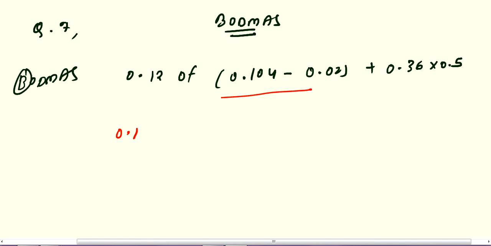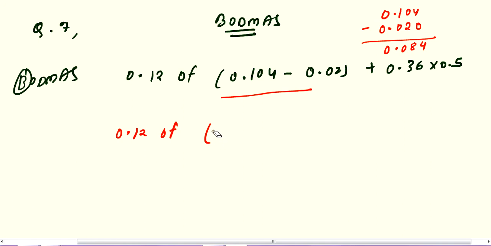So 0.12, then of, now subtract 0.104 minus 0.02, 0.104 minus 0.020. So you will get 4, then 8, then 0.